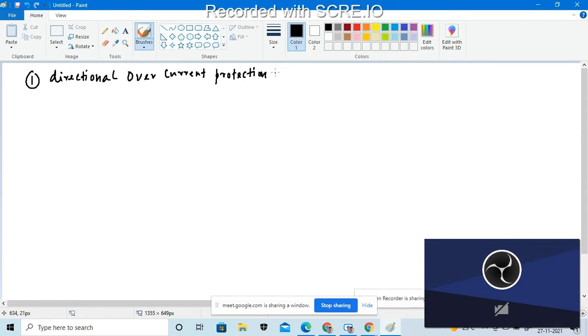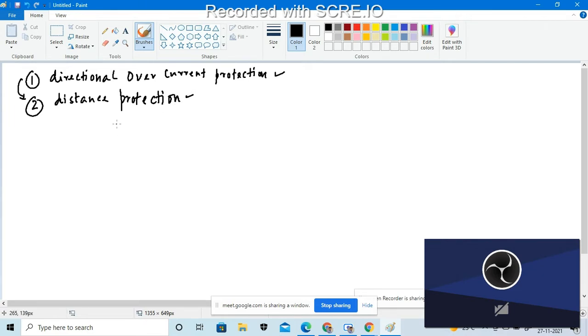So that thing we have already discussed. Today we will discuss distance protection, which is the advanced version of directional overcurrent protection, also known as distance protection, right? So we will discuss these things today.